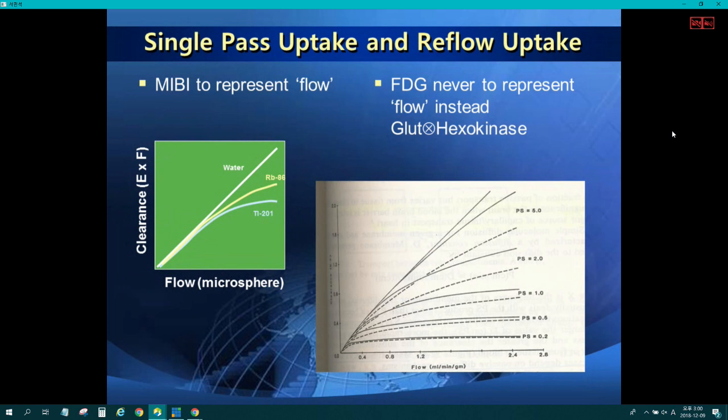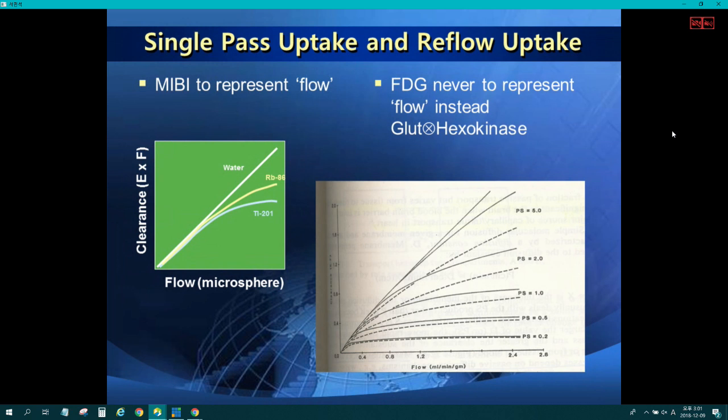And here, that's the usual question I ask my students. Third-year students are coming to my department, and after explaining this, I ask them simply, in case of FDG, why does FDG not represent blood flow? It should go to the myocardium to be broken down.